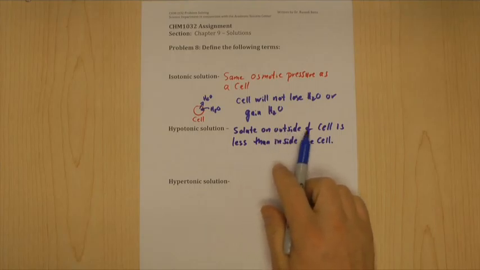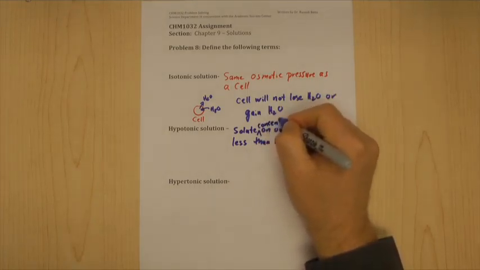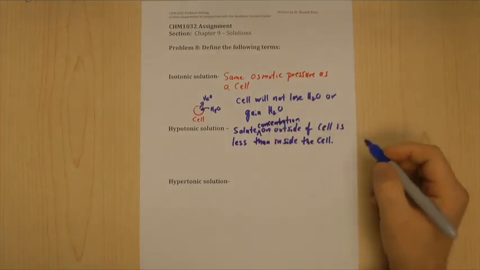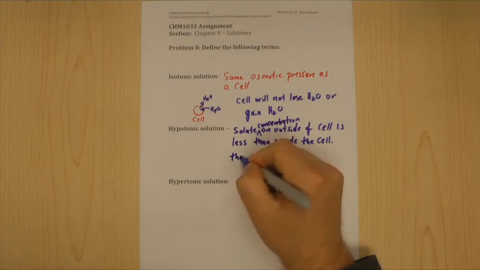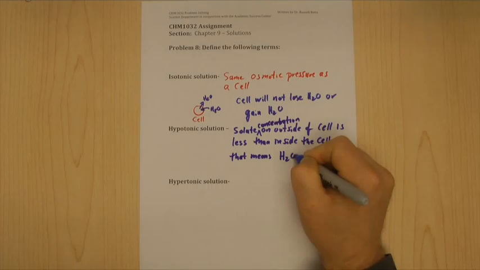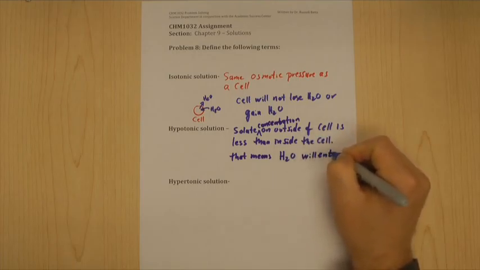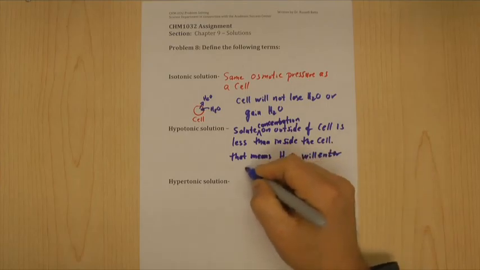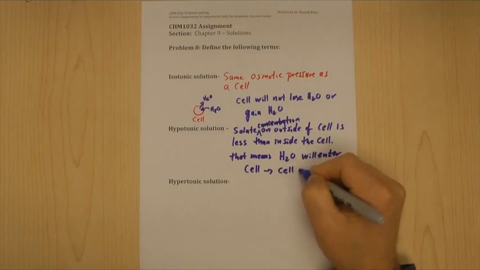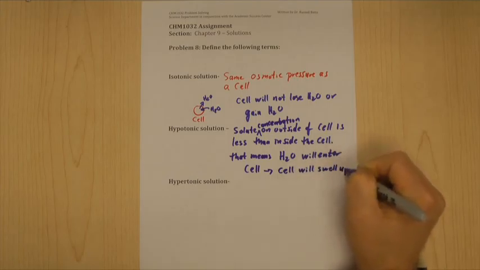The solute concentration on the outside of the cell is less than the inside of the cell. That means water will enter the cell, and the cell will swell up.